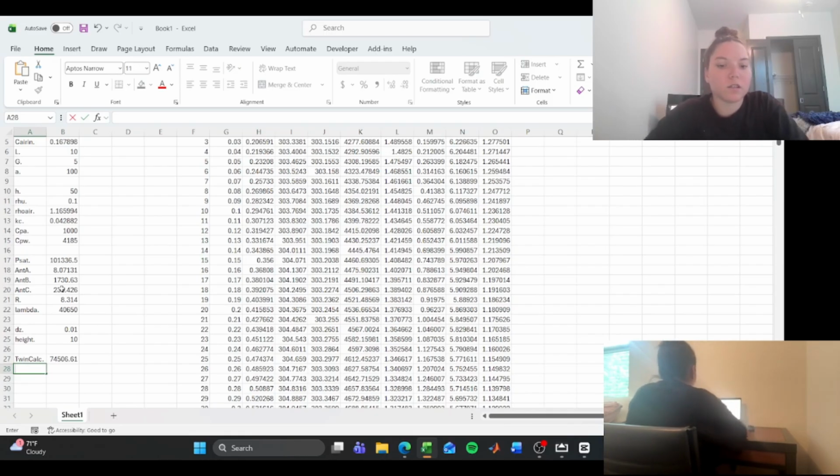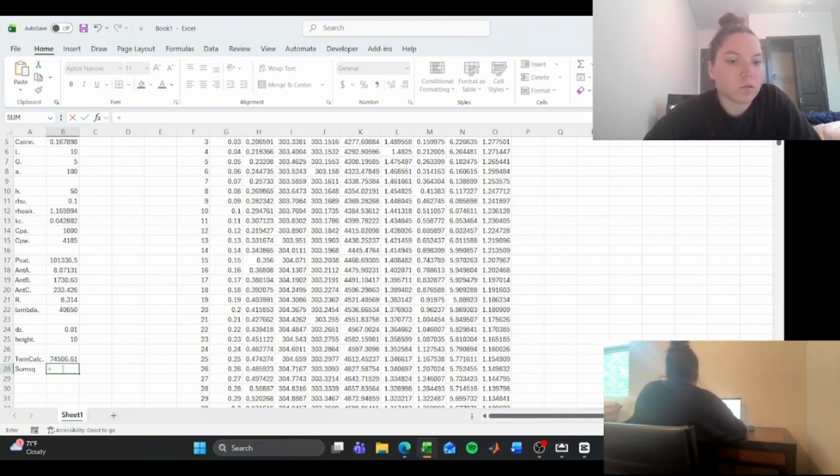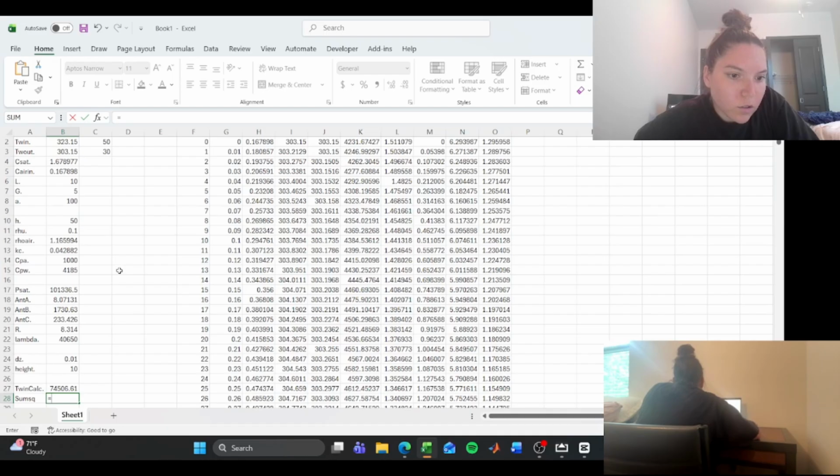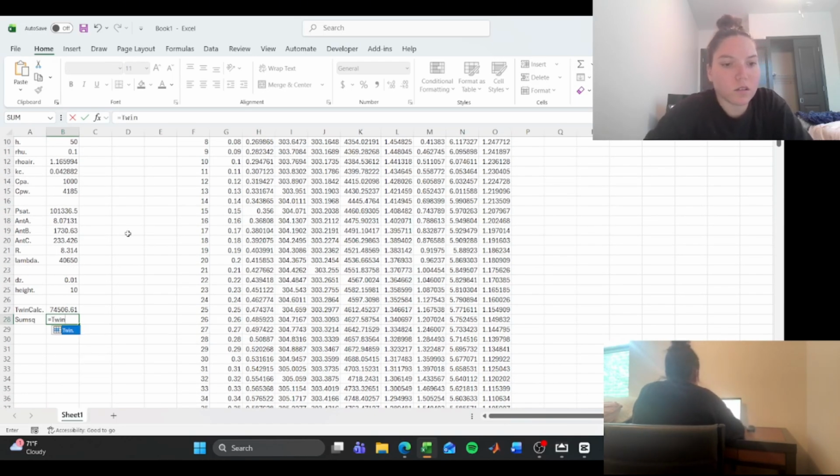Since we want to minimize it, we want to do the sum squared. So we want it to be equal to (TWN minus what we actually got) squared.